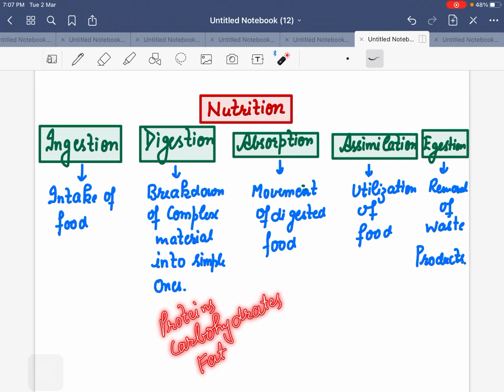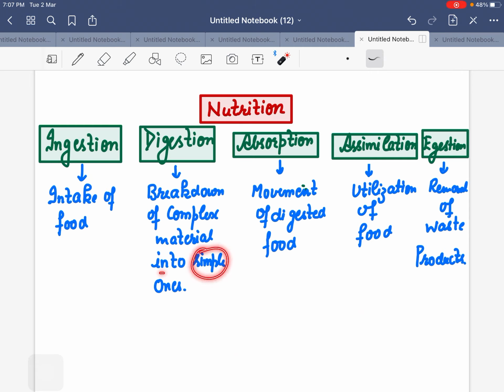So these are all large molecules. And what does digestion mean? Basically, it is the breakdown of large complex material into simple ones. Now absorption: every cell of your body needs nutrition, so there is the movement of digested food, which always moves through the blood.